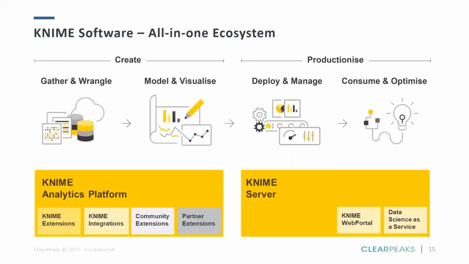KNIME is one of the oldest and still in today's world leading end-to-end enterprise AI platforms, where you can not only build or wrangle data, build your models, and visualize them, but also build that end-to-end pipeline, deploy them, manage them, monitor them, and also expose proper APIs for your enterprise business decision touchpoints to consume and optimize.